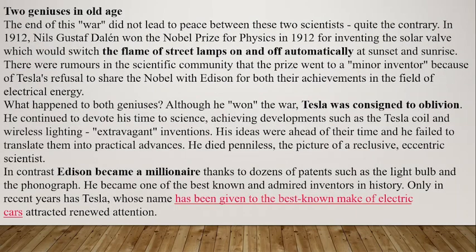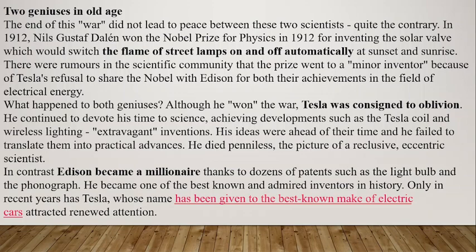Two geniuses in old age. The end of this war did not lead to peace between these two scientists, quite the contrary. In 1924, Niels Gustav Dalén won the Nobel Prize for Physics for inventing the sun valve, which would switch street lamps on and off automatically at sunset and sunrise.